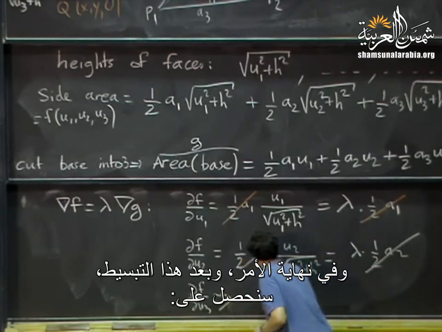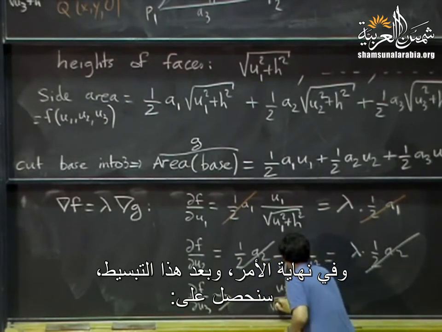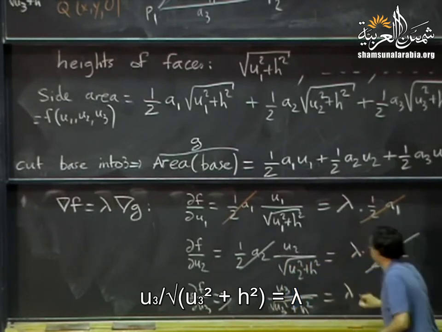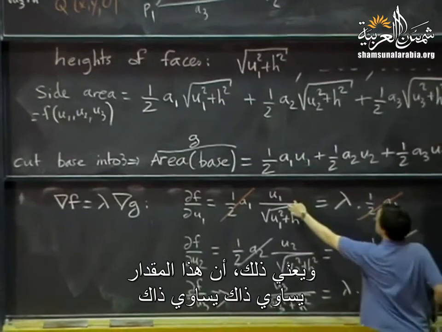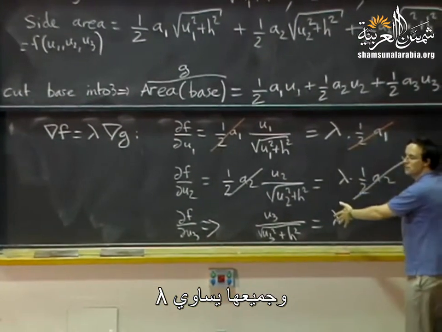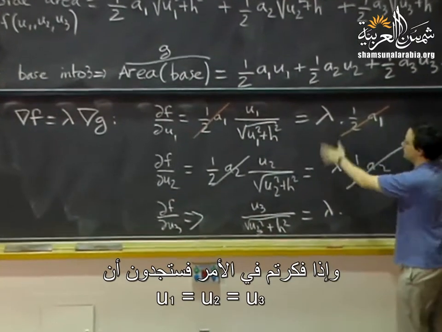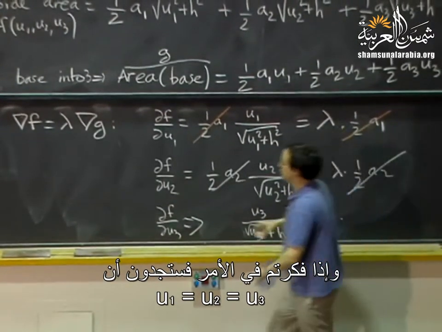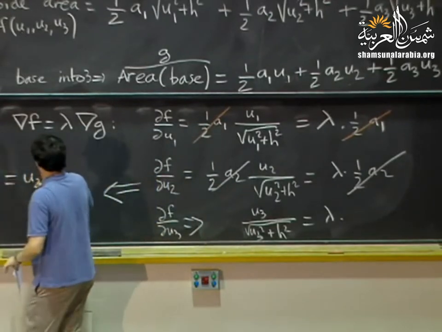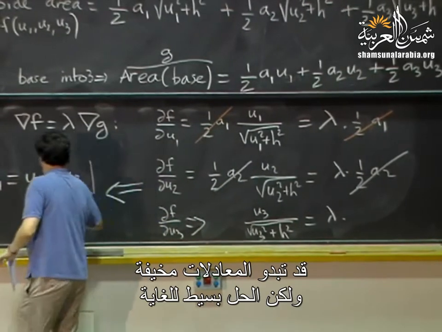Well, you will get, after simplifying, U3 over the square root of U3 squared plus H squared equals lambda. So now that means this guy equals this guy equals this guy. They're all equal to lambda. And if you think about it, that means that U1 equals U2 equals U3. See, it looked like scary equations, but the solution is very simple.